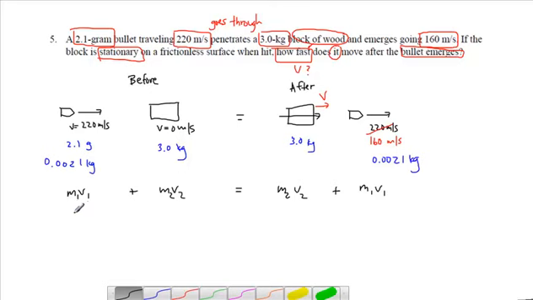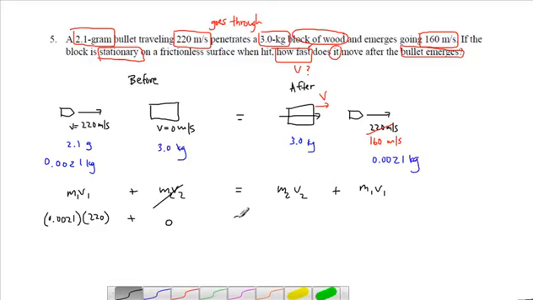Starting to plug things in, I had 0.0021 for the mass going 220. Here the velocity was 0, so that goes away completely.